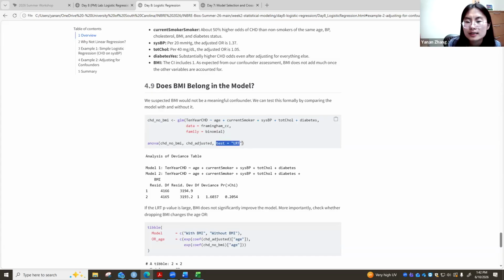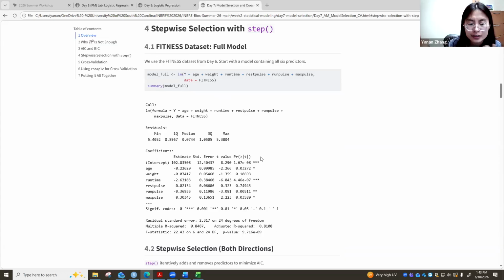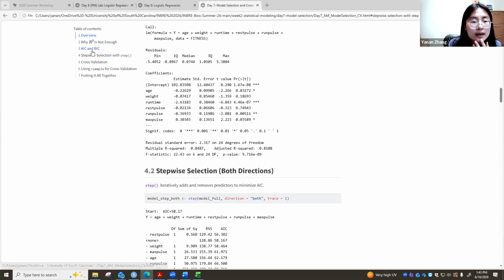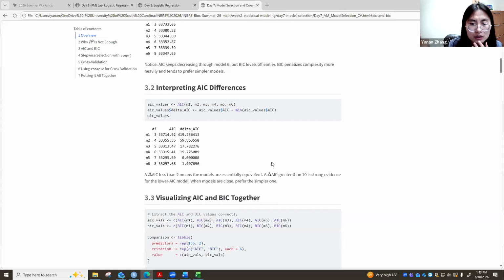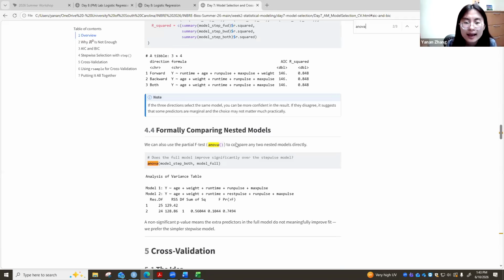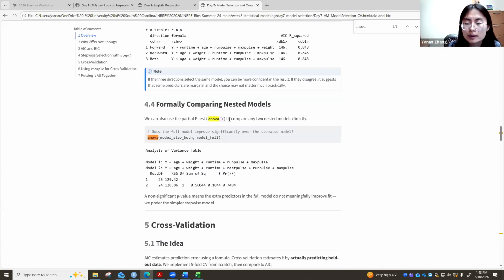But here we use a test called the likelihood ratio test. In yesterday's lecture, we used the ANOVA function to compare two models, but the ANOVA gave us an F-test.